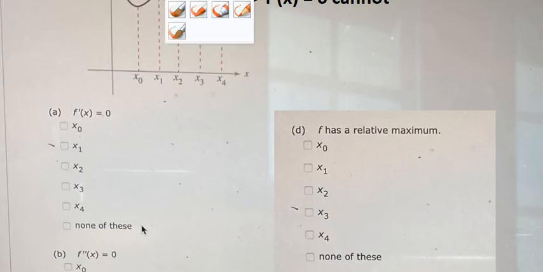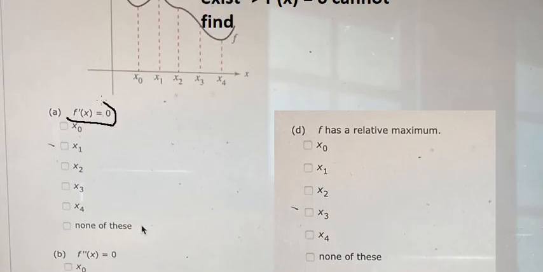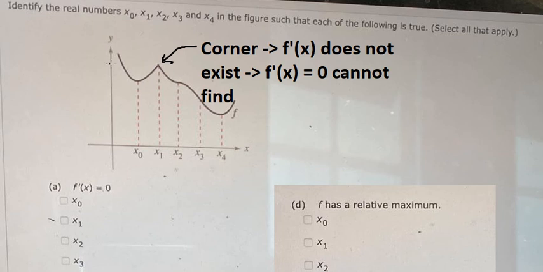So on question A, they want to find this point in here. Now if we look carefully on the graph, we know that when the first derivative of the function equals number 0, that means there should be critical points, and we also know that the tangent should be horizontal.